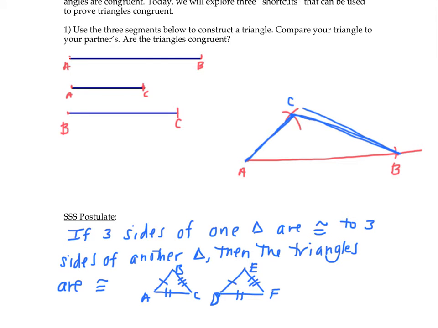Because all 3 sides of that first triangle are congruent to all 3 sides in the second triangle, then we can say that triangle ABC is congruent to triangle DEF by side, side, side. And you just use SSS to represent the side, side, side congruence postulate.